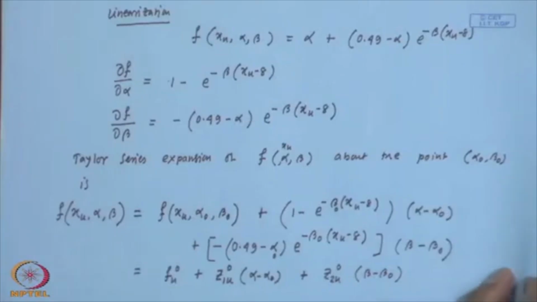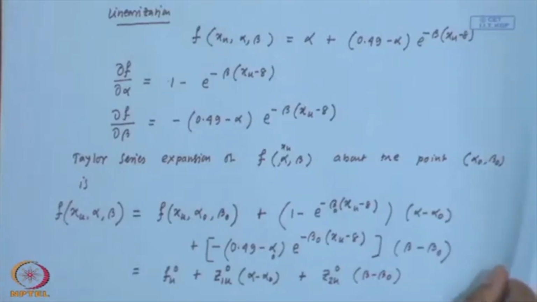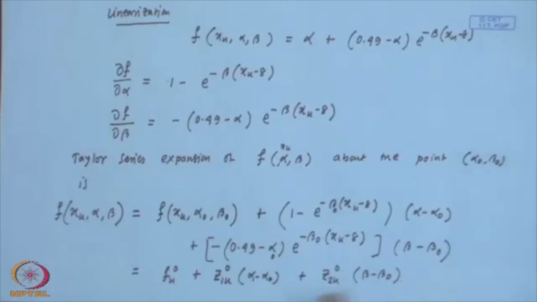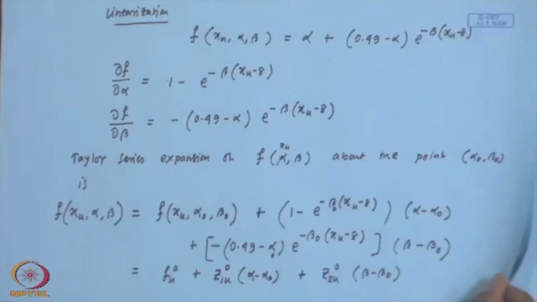Now we have to estimate the parameters alpha and beta for a linear function, and we know how to do it using the multiple linear regression technique, so now we are in a position to use the ordinary least squares technique. Okay.